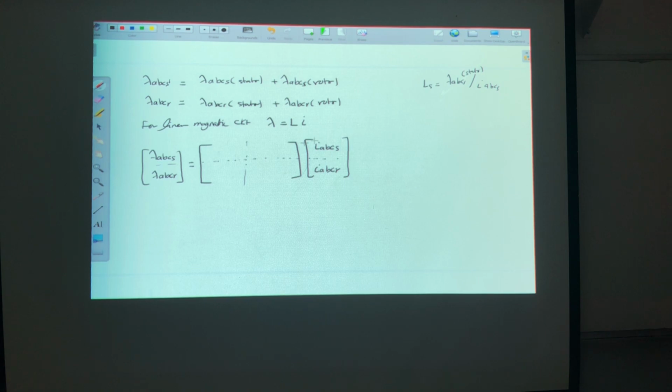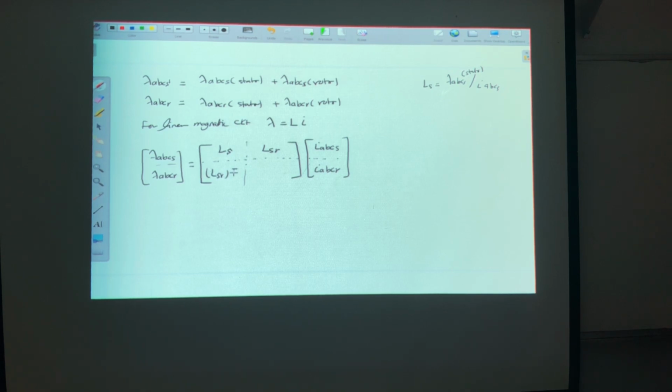So this will be LS, the stator inductance, which is the inductance due to current flowing only in the stator, correct? Then I'm having what here? This is a coupling, correct? So this will be the LSR, the inductance as seen between the stator and the rotor. Now this will be what? LRS. So it will be LSR transpose.